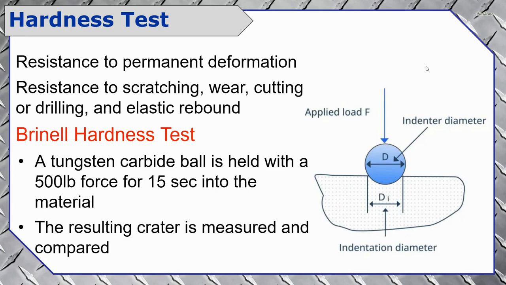So, the method for testing the hardness of a material is actually a couple of different methods. One of them is called the Brinell hardness test, in which a very hard tungsten carbide ball is held with a 500-pound force for 15 seconds against the material. Then, when the ball is removed, the resulting crater gets measured and compared to other materials, and we're able to determine how hard that surface material is.